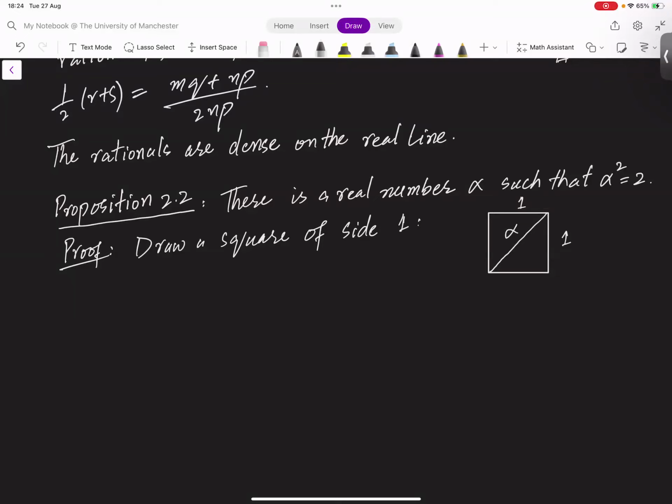Now let alpha be the length of a diagonal of the square.